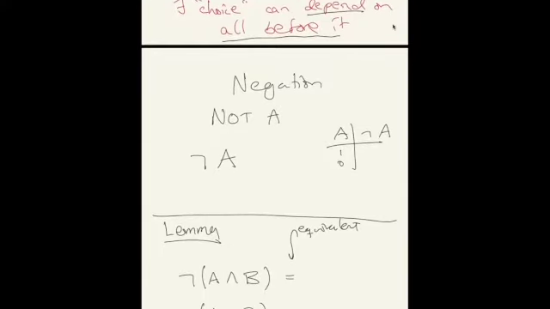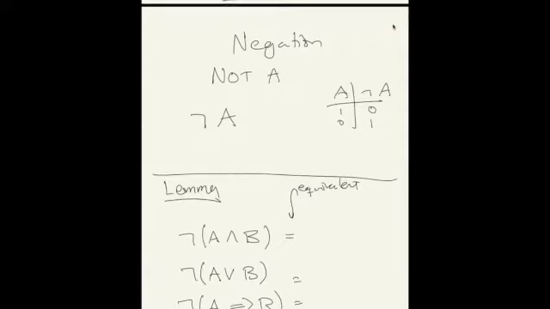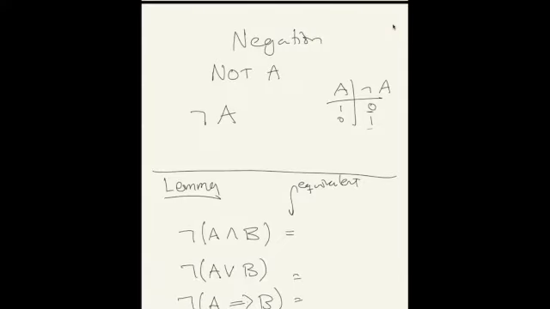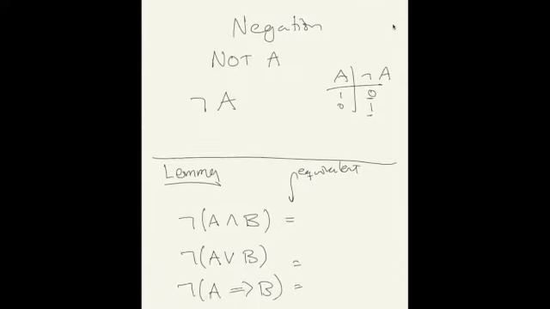Now, the final thing that comes up a lot of the time is negating things. I mean, you want to show that something is continuous, or you want to understand what it means to not be continuous. Well, for a proposition, negation is just a statement having the opposite truth value: not A means A is not true. So it is false when A is true and true when A is false.